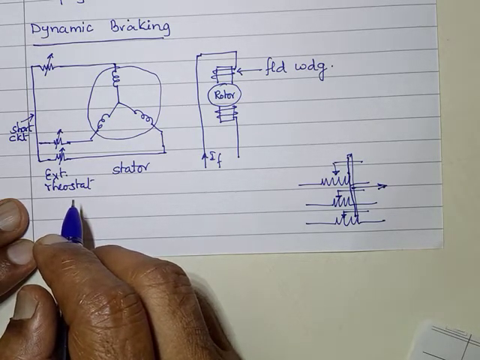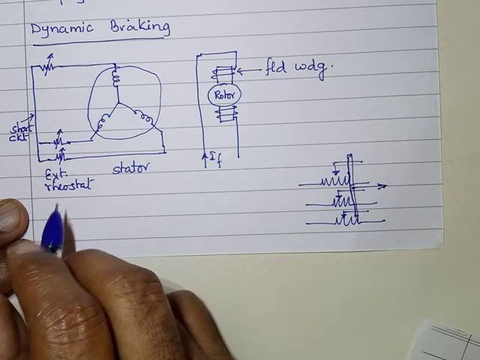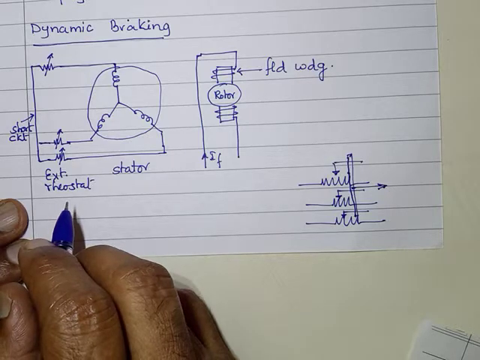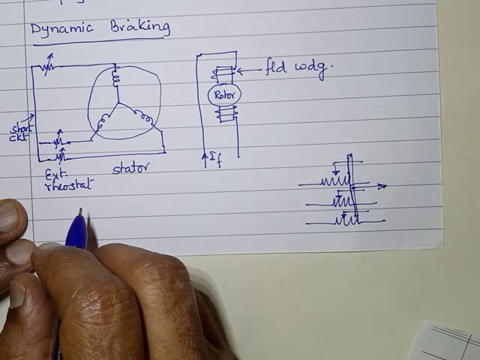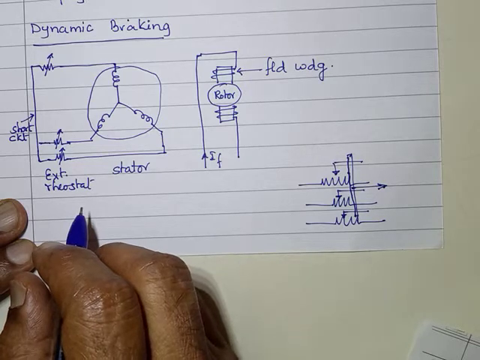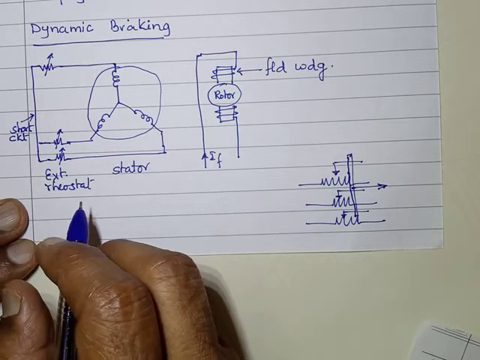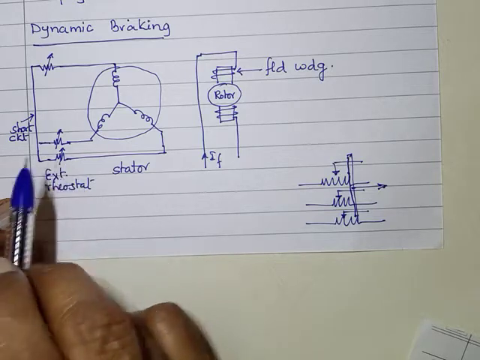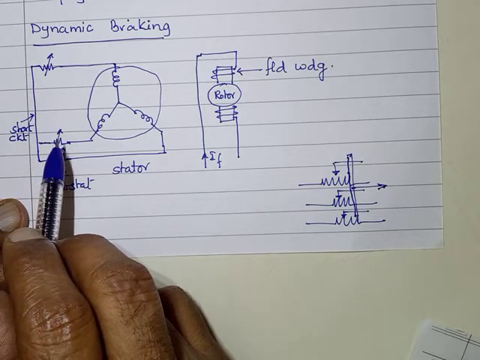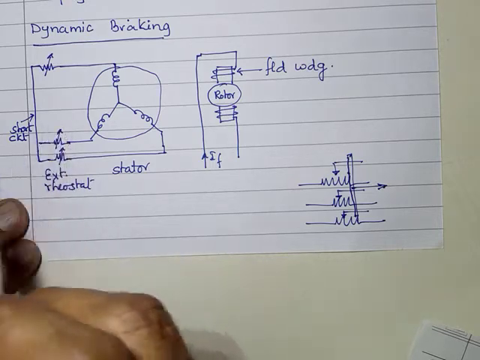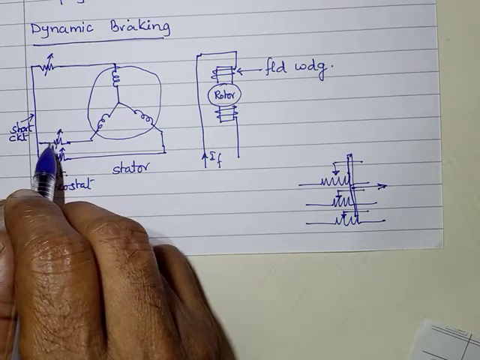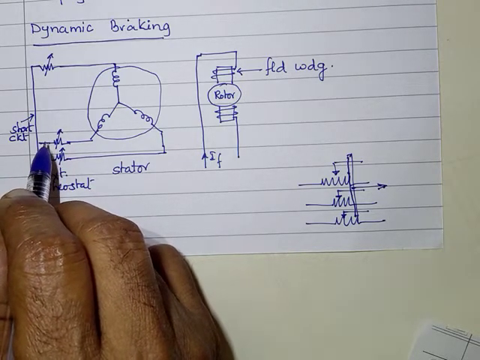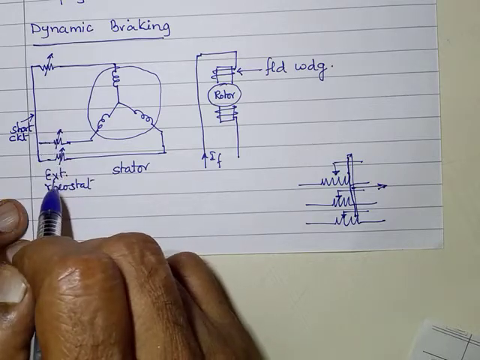Yes, we discussed about this when we discussed the three phase induction motor drive control using rotor resistance control, wherein we use a solid state switch like a transistor, and by controlling its on time and off time, what we call the duty cycle, the effective value of the resistances can be changed.